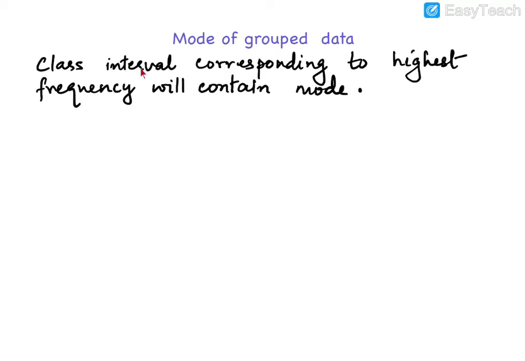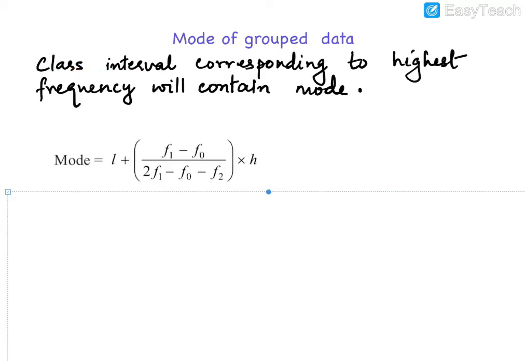To find the mode from that class interval, we use a formula, which is given by L plus (f1 minus f0) divided by (2f1 minus f0 minus f2), into h, where L is the lower limit of the class interval corresponding to the highest frequency. This class interval with the highest frequency is called the modal class.